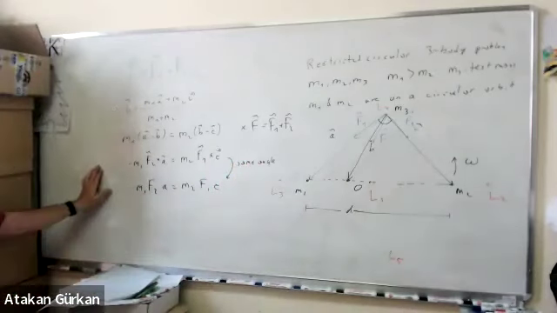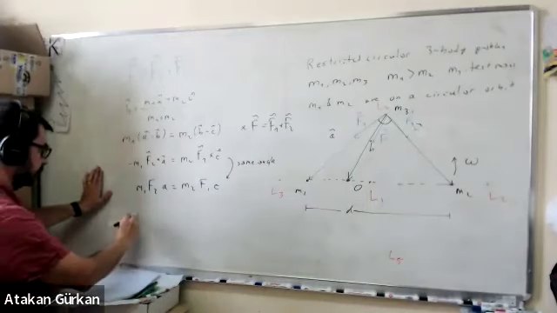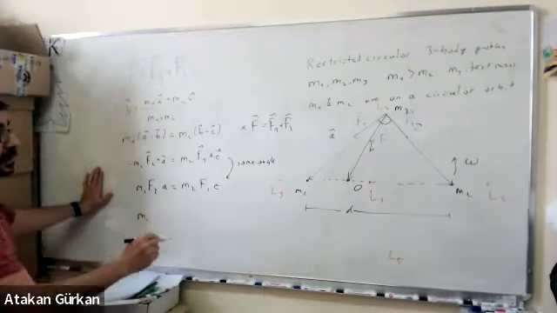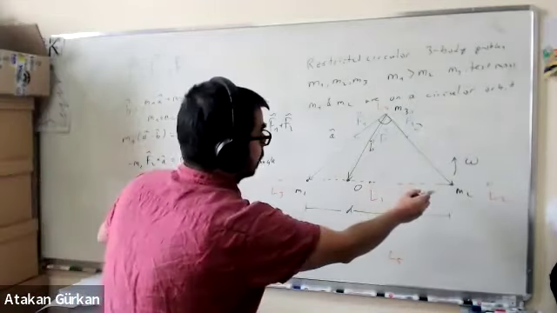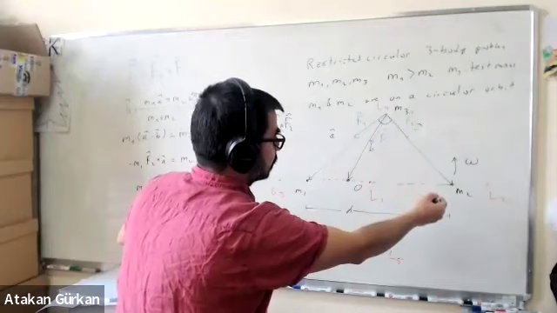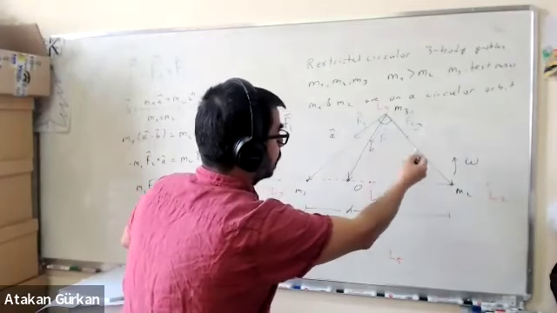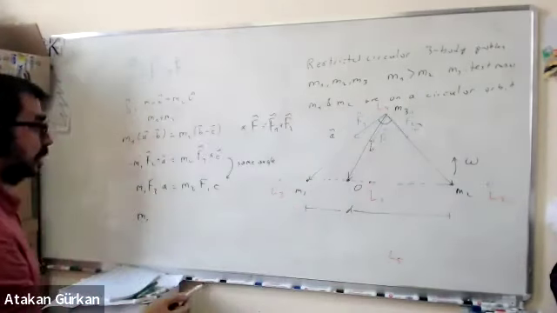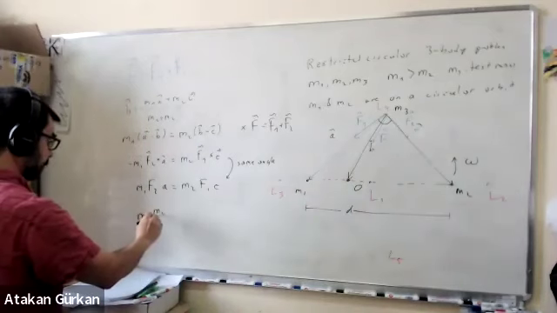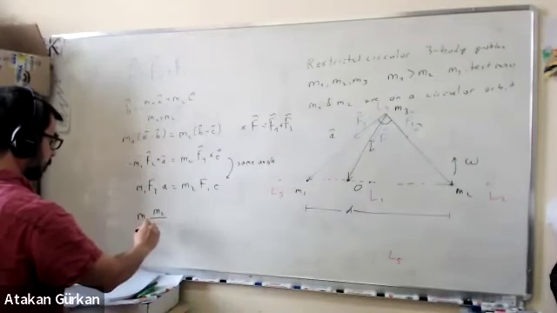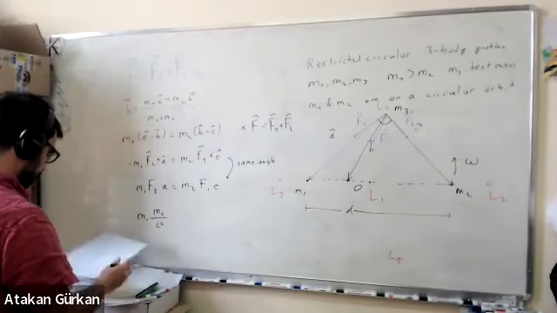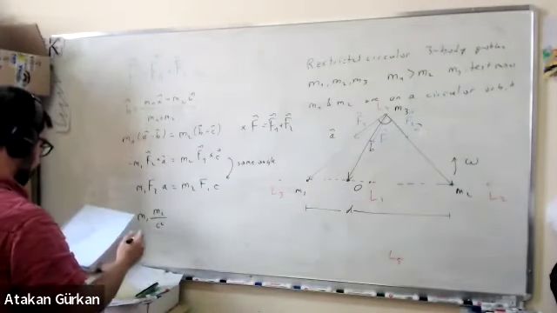And now I can substitute the values for these. So this one is M1. What is F2? Well, this is a test mass, so I'm going to just drop it. F2 is M2 divided by C squared times G, times A, and this is F1: M1 divided by A squared times C. I hope I'm getting this right.